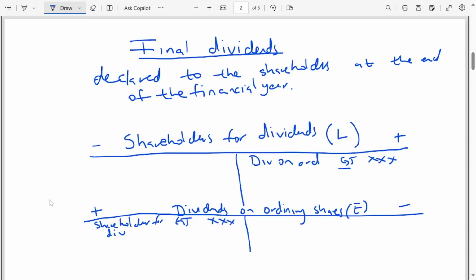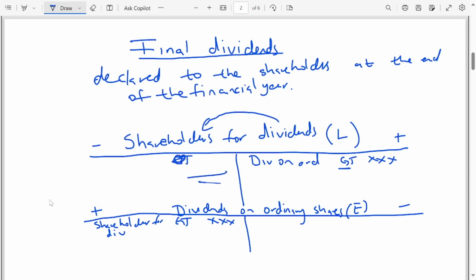Now, what is going to happen is this. In the next financial year, okay, once you are in the next financial year, when the final dividends are being paid, it will mean that now you need to go to the shareholders for dividends liability account and decrease it, because now the business is paying.